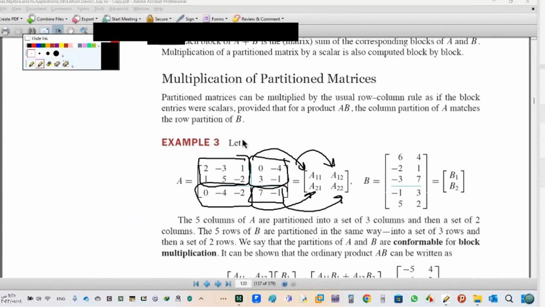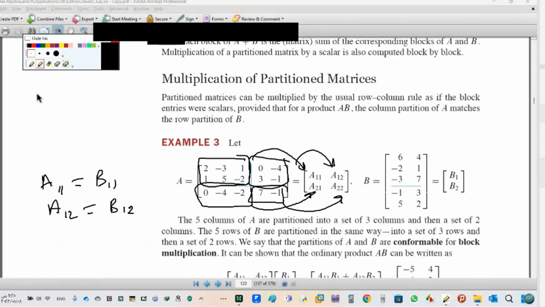If I want to add, then the size of A11 should equal that of B11, and A12 should equal B12. So this is the division if you want to apply it to partitioned matrices.